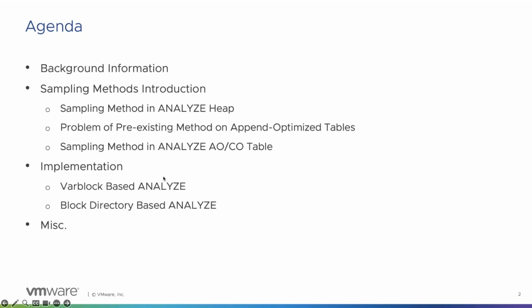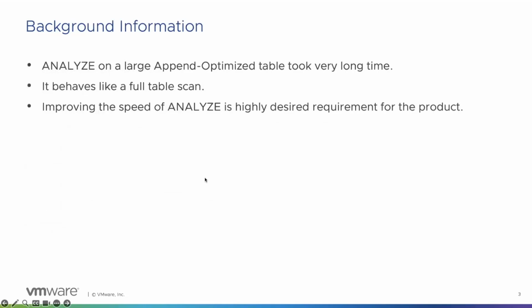Okay, next, the background information. As we know, analyze is an important operation, especially for the optimizer, because it collects some sample rows from the table, calculates statistical information based on those sample rows, and then stores them to some catalog.